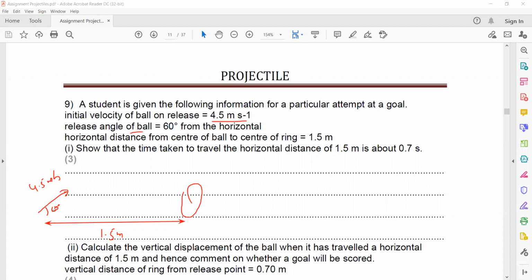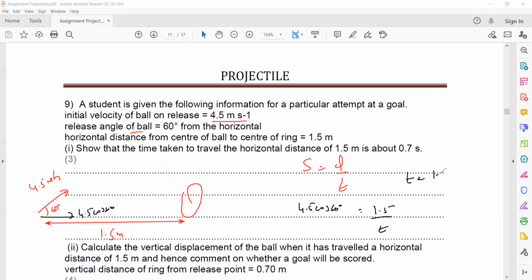So we have the velocity, but we don't have the horizontal component, because speed is distance over time. We need the horizontal component of speed. So how to get the horizontal component of speed? It is written with cosine. So it will be 4.5 cos 60. The distance is 1.5 and the time is t.